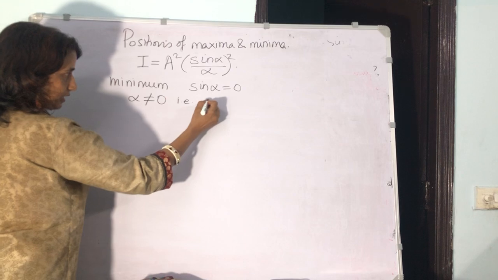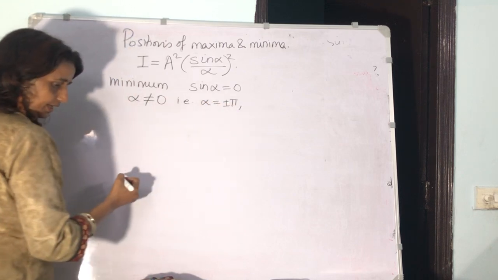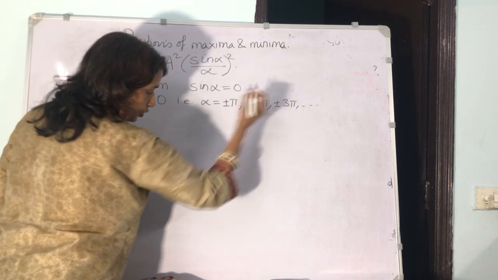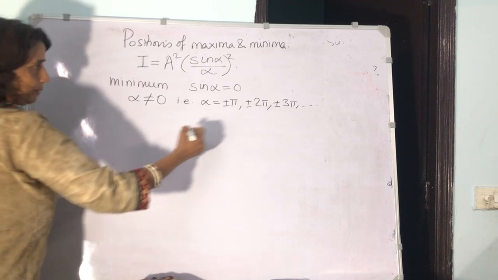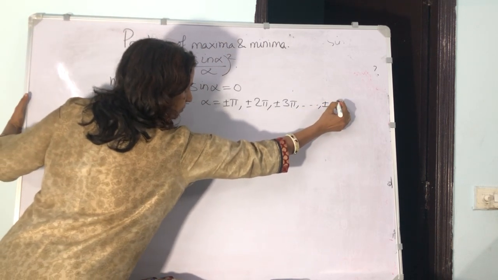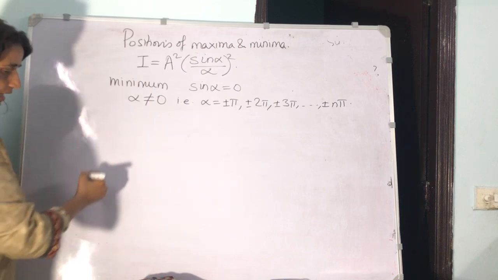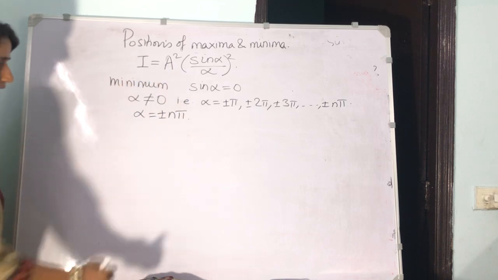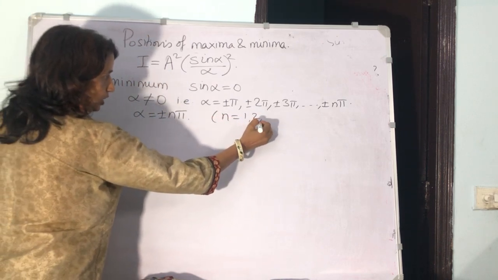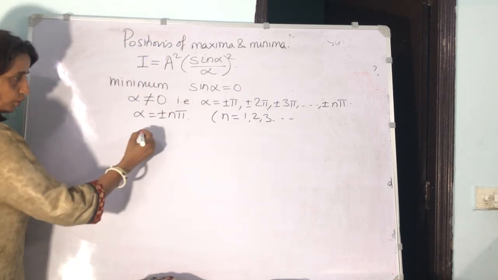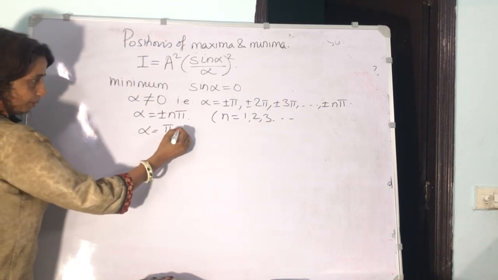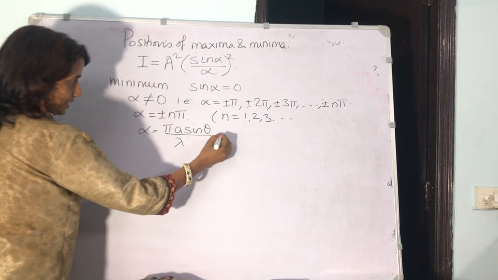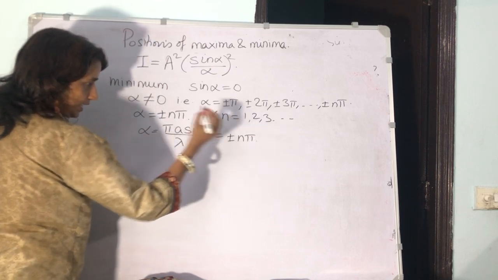That is, what are the values of alpha? Plus minus pi, plus minus 2 pi, plus minus 3 pi, and so on. Right? Till n pi, plus minus n pi. So alpha becomes equal to plus minus n pi, where n is 1, 2, 3 and so on. So alpha equals pi a sine theta upon lambda is equal to plus minus n pi.